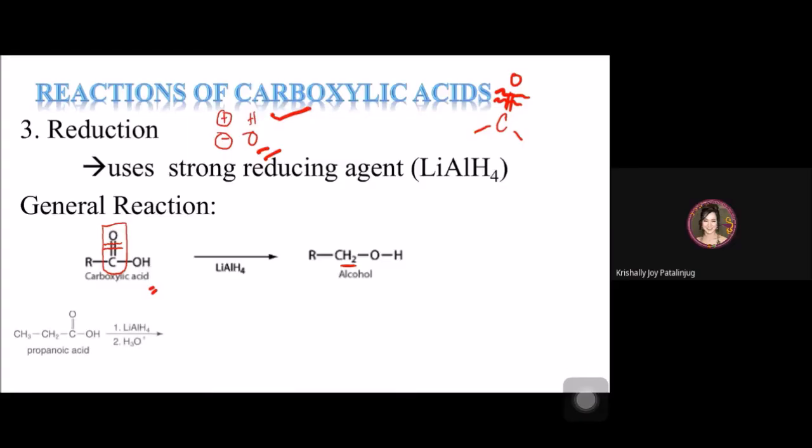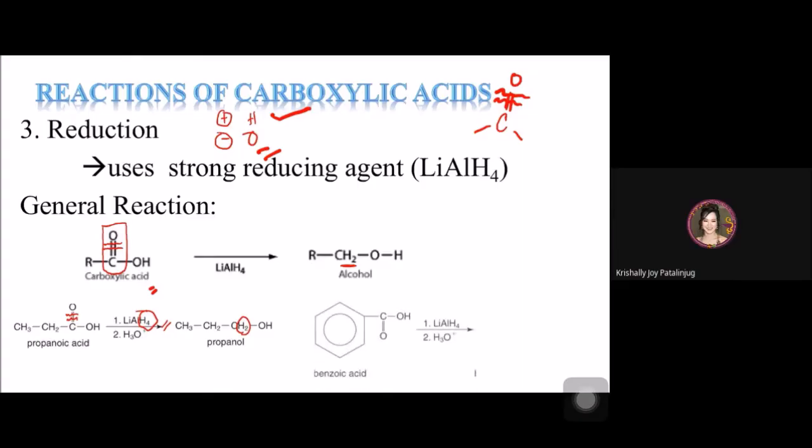So let's say, for example, you have a propanoic acid being reacted to a reducing agent, very rich in hydrogen. What happens here is that oxygen is removed, then simultaneously two equivalent hydrogen are added, producing a primary alcohol, specifically propanol.